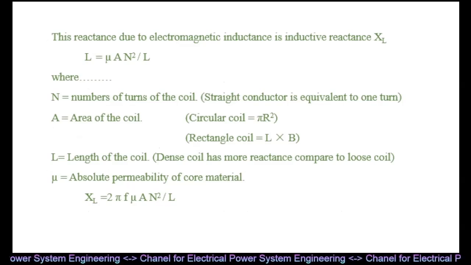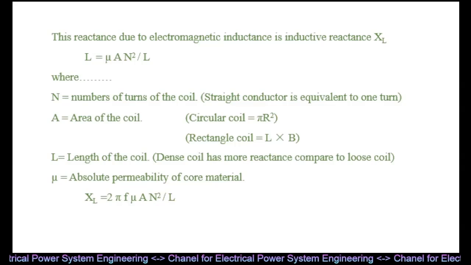L is equal to μ A N² / l, where N is equal to the number of turns of the coil. A straight conductor is equivalent to one turn. A is equal to the area of the coil. Circular coil is equal to πr², rectangle coil is equal to L times B. l is equal to the length of the coil.